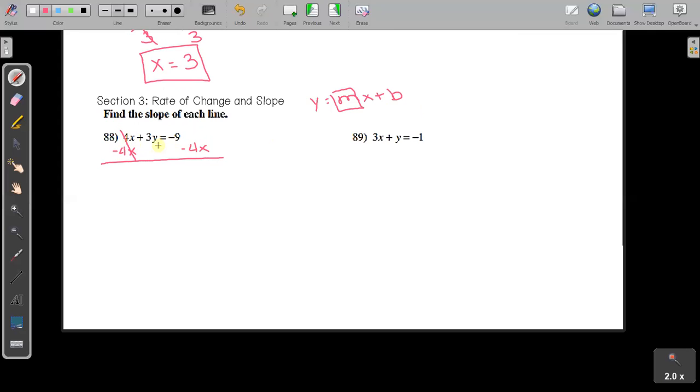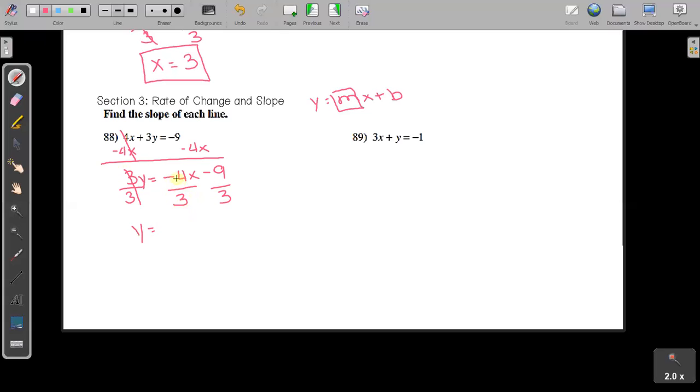Cancels out. We get 3y equals, I'm going to put the x first, so negative 4x, and then the minus 9. We need y by itself, so we're going to divide everything by 3. The 3's cancel, and we're left with y equaling negative 4 divided by 3.